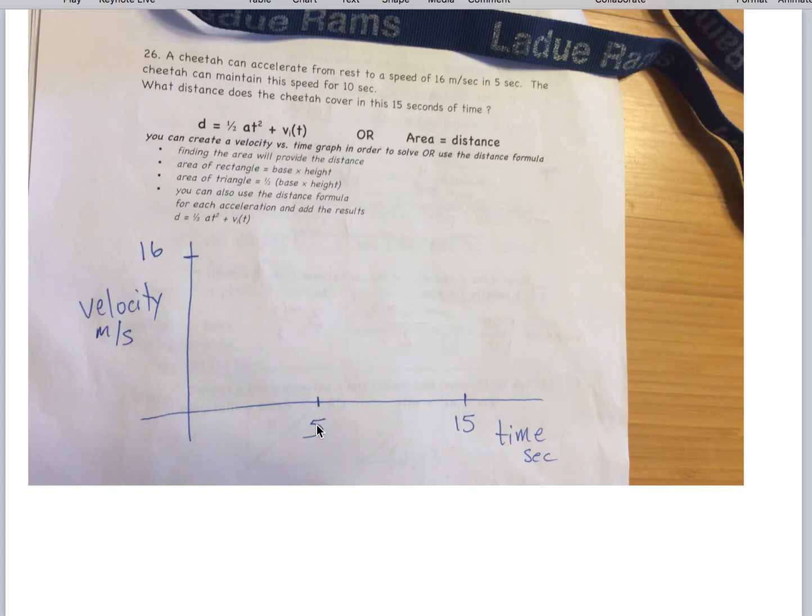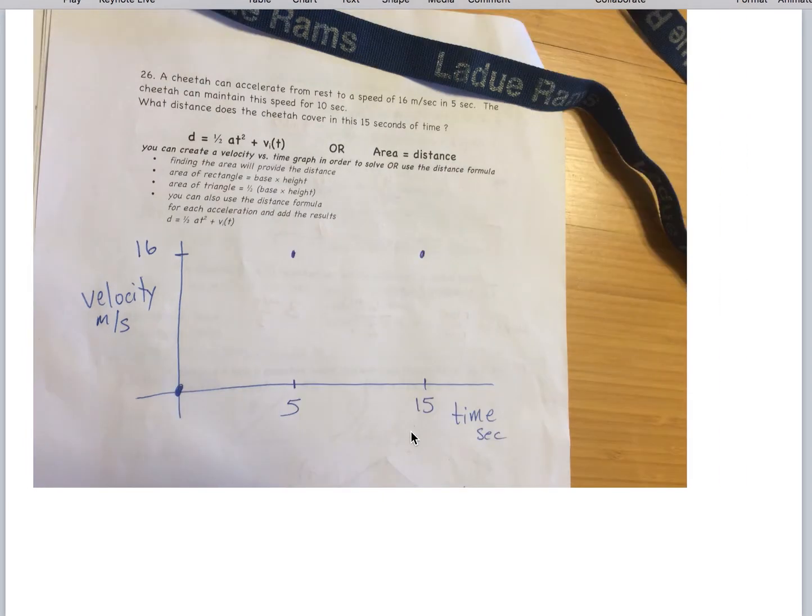In 5 seconds, it got up to a velocity of 16 meters per second. And then it would hold that speed. So for 10 more seconds, 10 additional seconds, it will hold that speed. So at 15, the same speed. So you got 0, 0, 5, 16, 15, 16.